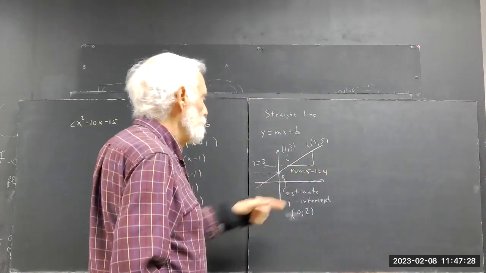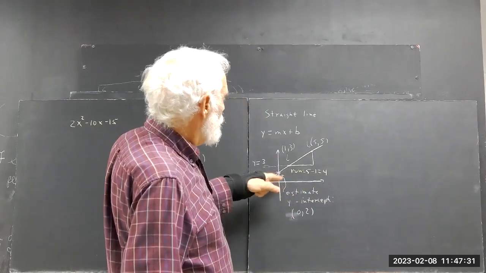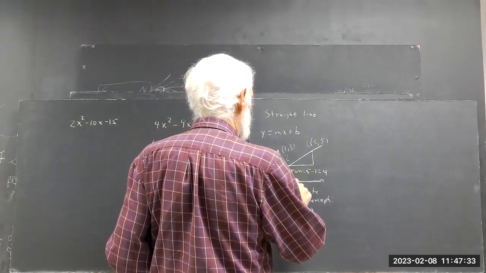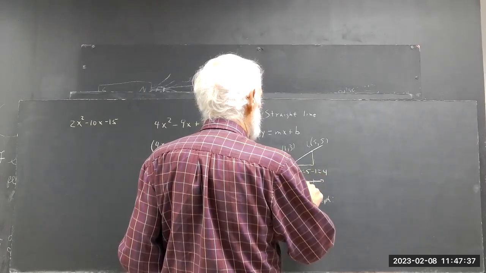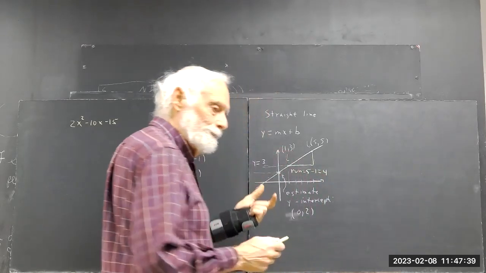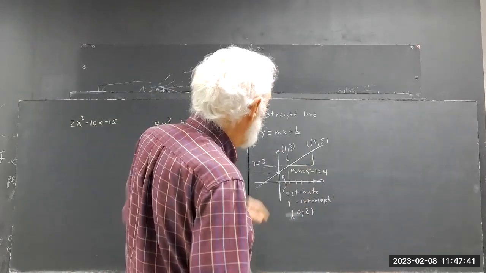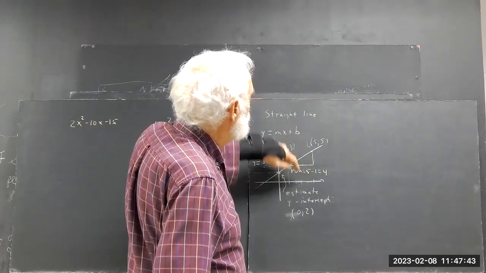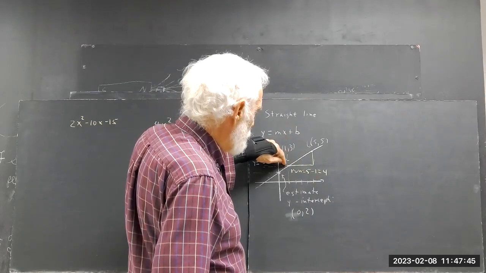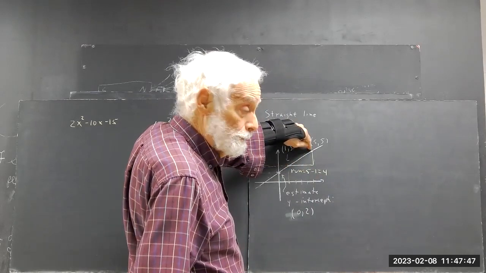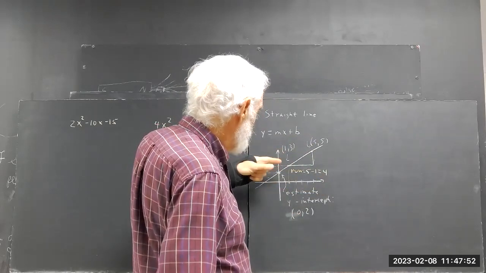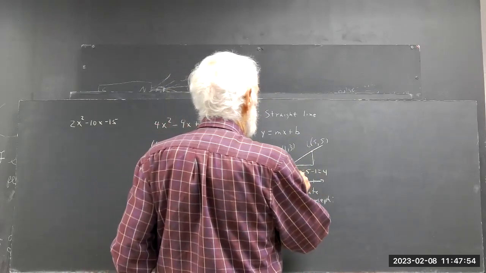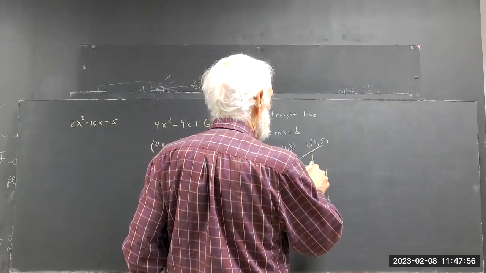The run is 5 minus 1 equals 4. I mean, you can just count. Here's x equals 1, here's x equals 5, so 1, 2, 3, 4, 5. It's 4 units. If you have to calculate it, you subtract the 1 that you start at from the 5 that you end up at. That gives you a plus 4, and that's exactly what the run would be if we go from the leftmost point to the rightmost.